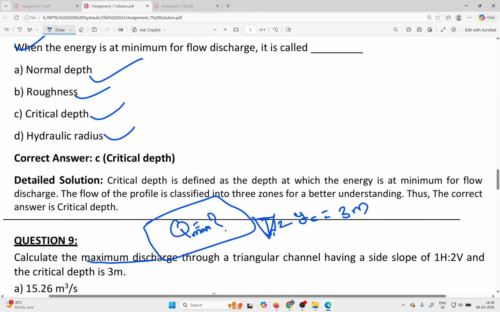So here, if you want the maximum discharge, and you have the critical depth, what should be your energy?